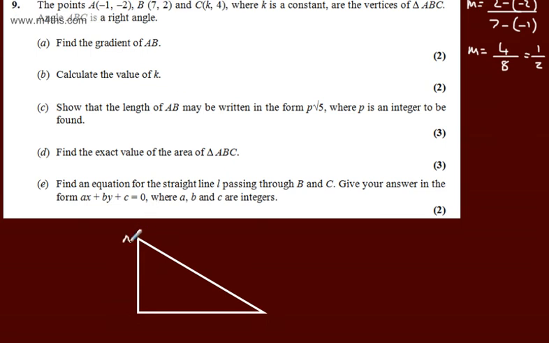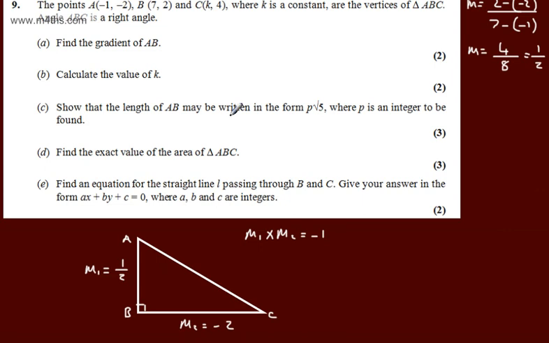The right angle is going to be at B. We've got A, B and C. So we can see now that AB will be perpendicular to BC, such that if we think about their gradients, m1 multiplied by m2 will be equal to -1. We know that m1, the gradient of AB, is 1/2. Therefore, m2, the gradient of BC, will be equal to -2.